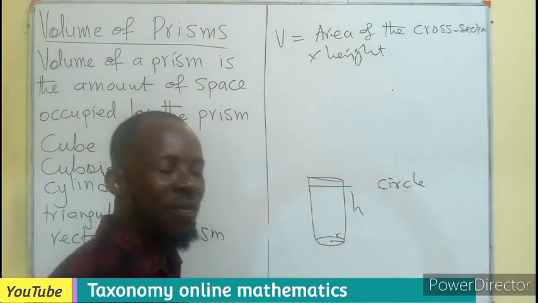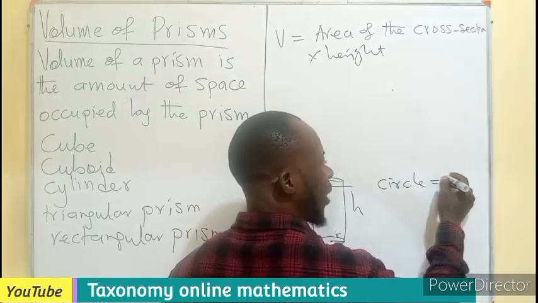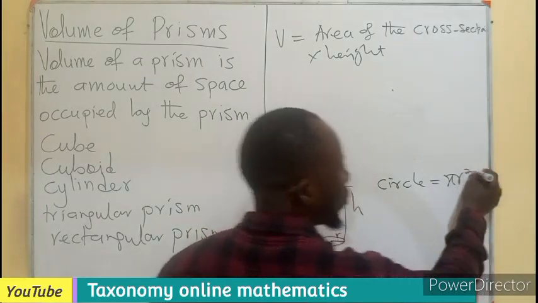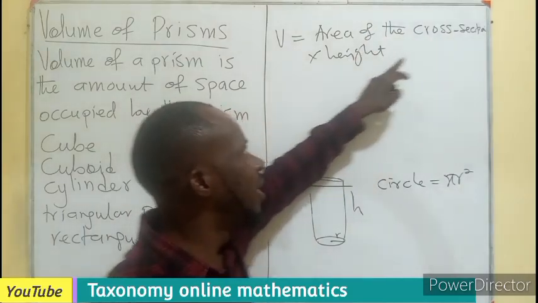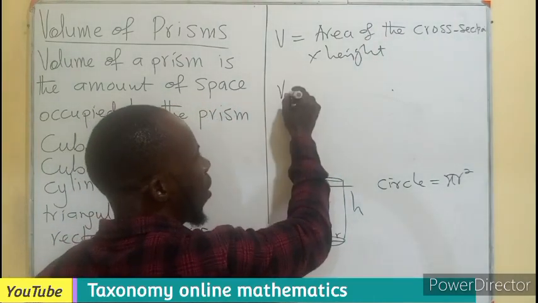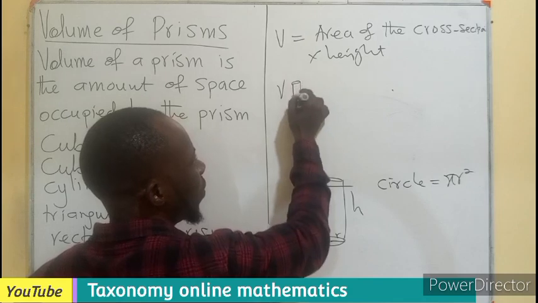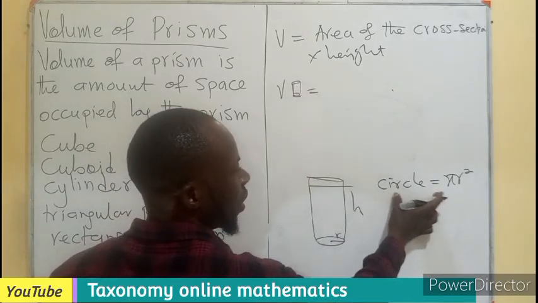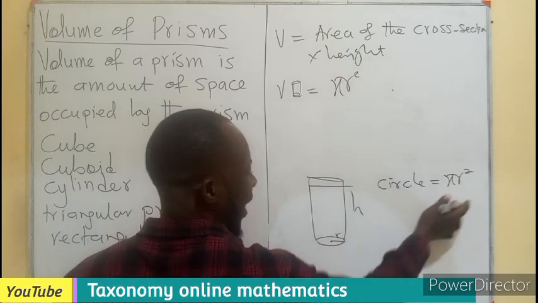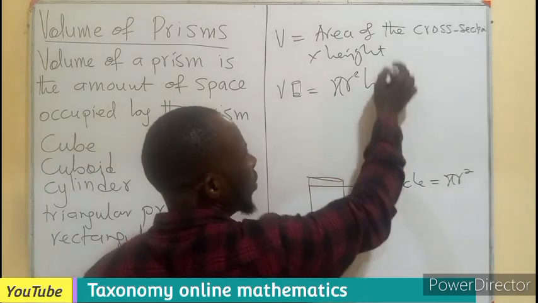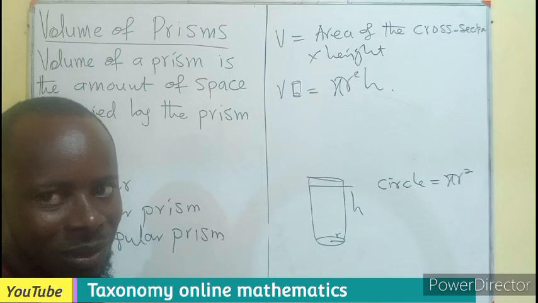And what is the area of a circle? Area of a circle is what? Pi r squared. So if you are saying the cross section area times the height, volume of a cylinder will also be equal to the area, which is pi r squared, times the height, which is going to be the h. Do you get that?